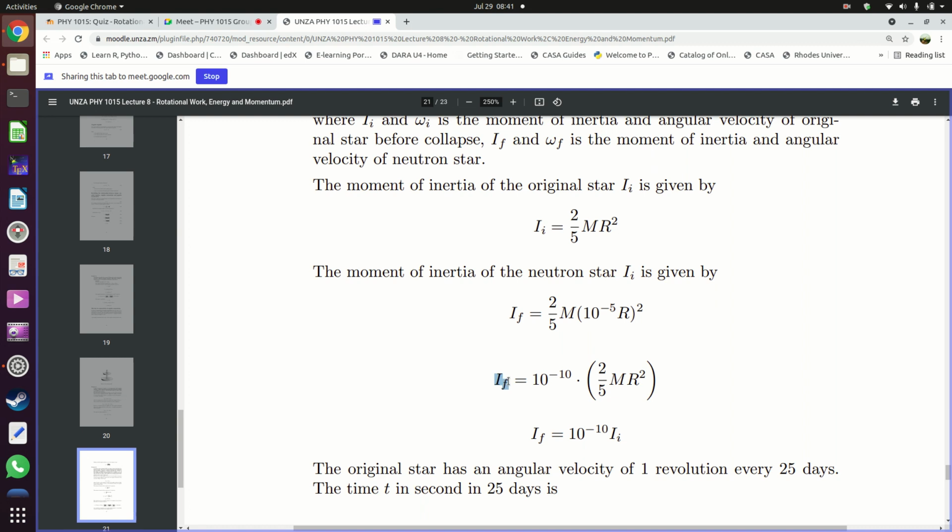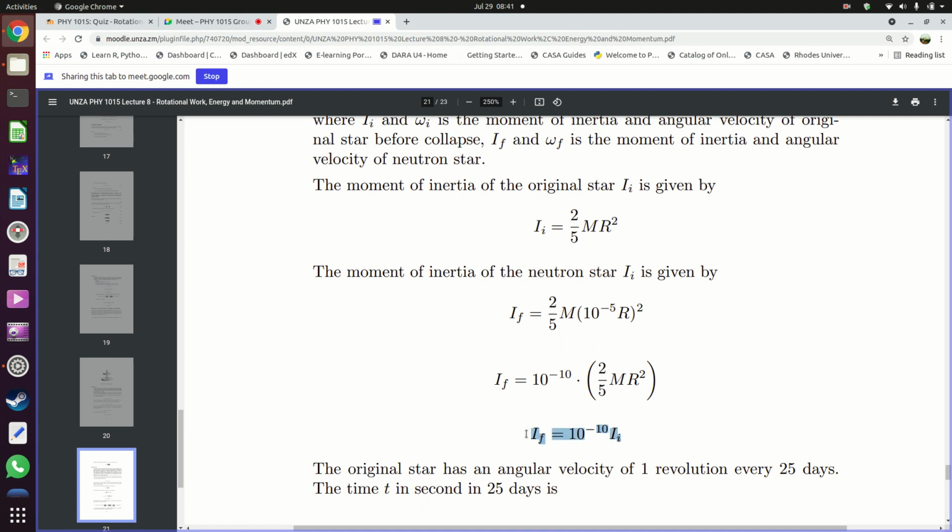The final moment of inertia I_f is 10 to the power minus 10 multiplied by I_i, the moment of inertia of the star.